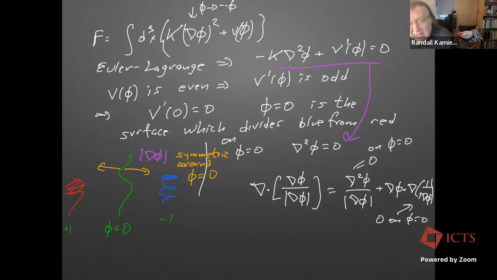Because the magnitude of the gradient of phi is symmetric, its gradient perpendicular to the surface is 0, because its gradient is an odd function since it's an even function. And so what's neat about this is I've just shown you that this has to be 0 on the green surface, which is the surface that divides the two regions. And this is nothing more and nothing less than the unit normal to the surface.